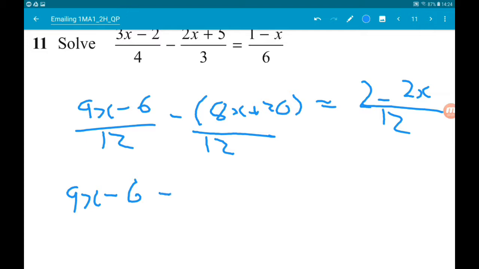Now then, if we also expand the bracket, we get minus 8x minus 20 is equal to 2 minus 2x.